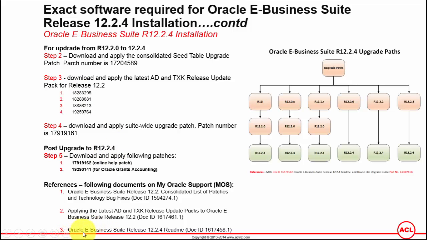Lastly, the document Oracle eBusiness Suite release 12.2.4 README, document ID 1617458.1. This is the one you may want to refer to in relation to the actual suite-wide upgrade to release 12.2.4. And this particular document also refers to these 2 documents.